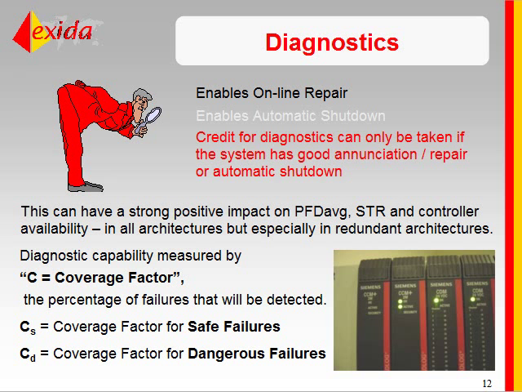In some applications, it's appropriate to initiate an automatic shutdown. You don't want a process even running if the safety protection system is not capable of responding to a dangerous condition. So diagnostics have a major impact on functional safety. This is clearly recognized in our functional safety standards.